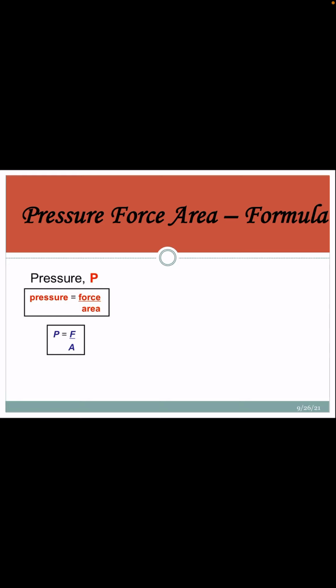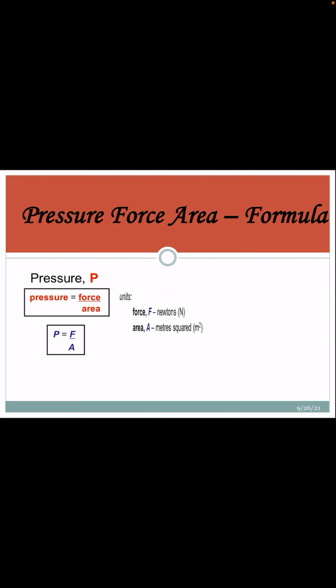The area is measured in square meters, which you have learned already. And force is measured in newtons, denoted by the capital letter N. Now can you tell me the unit of pressure? Pressure is equal to force divided by area.